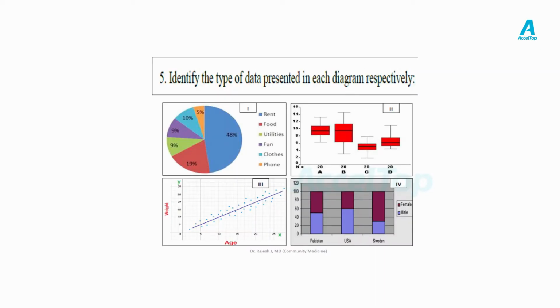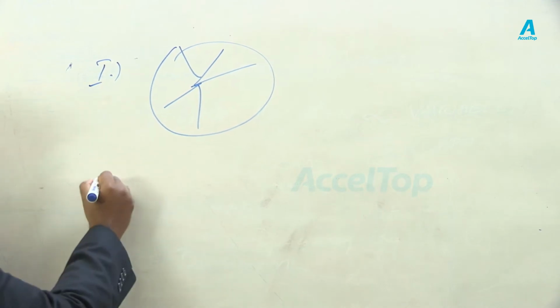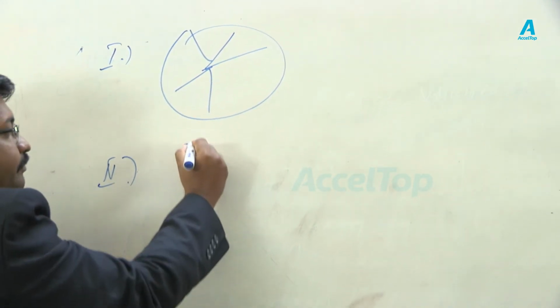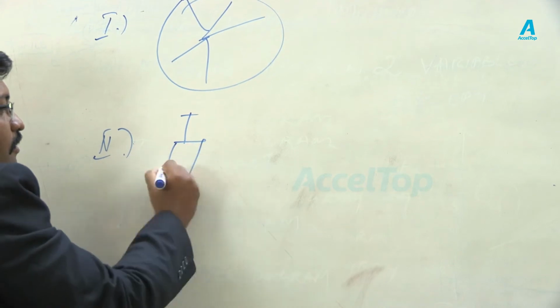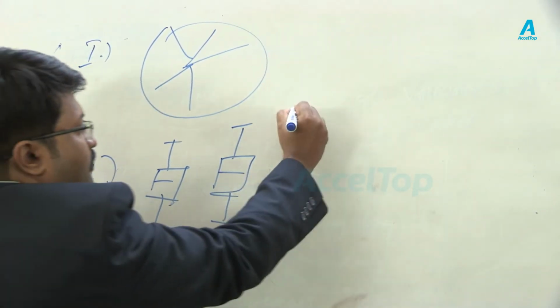You are going to see different types of diagrams and graphs, and you may be asked to identify what is the type of diagram or the graph. So in this question, identify the type of data presented in each diagram respectively. In the first option, there is something like this, and in the second option, you have diagrams like this.